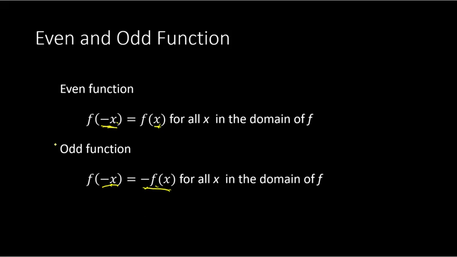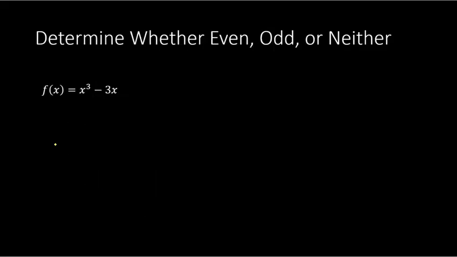We can use these definitions to determine if a function is even, odd, or neither even nor odd. So let's say we had the function f of x equals x cubed minus 3x. To determine if it's even or odd, we need to plug in a negative x in place of x to determine what's going to happen to f of x.